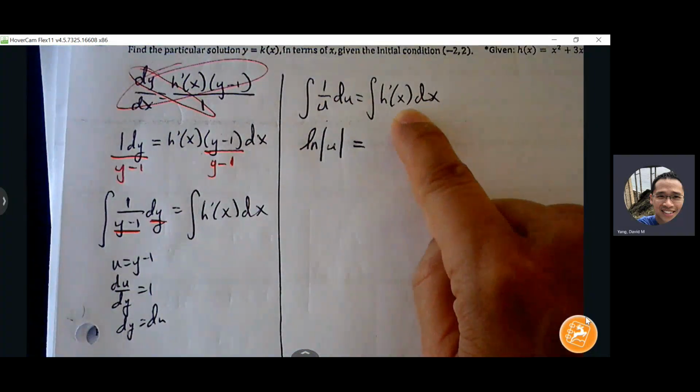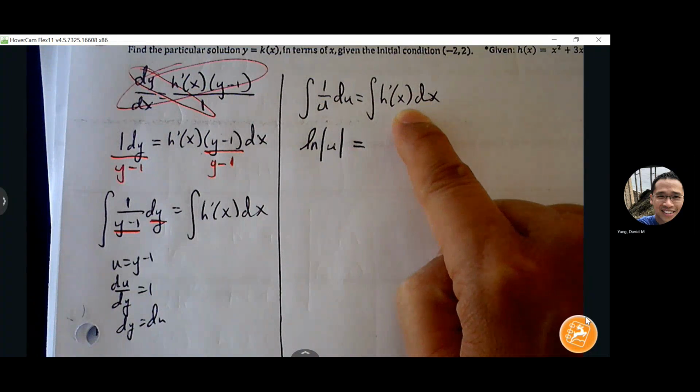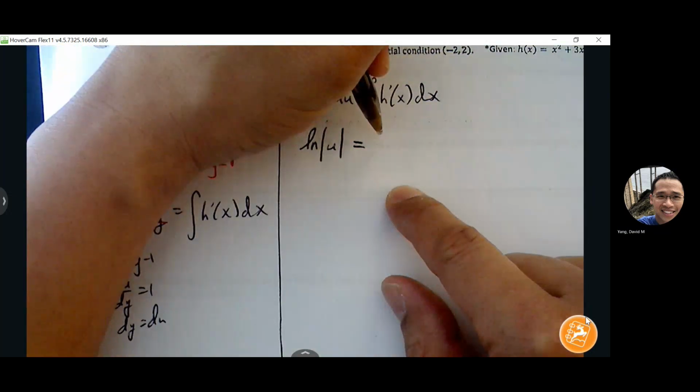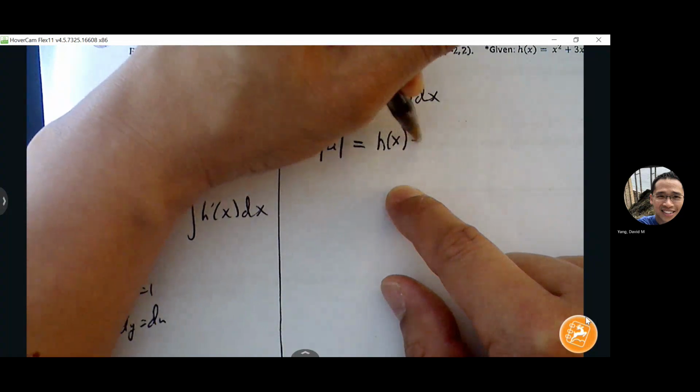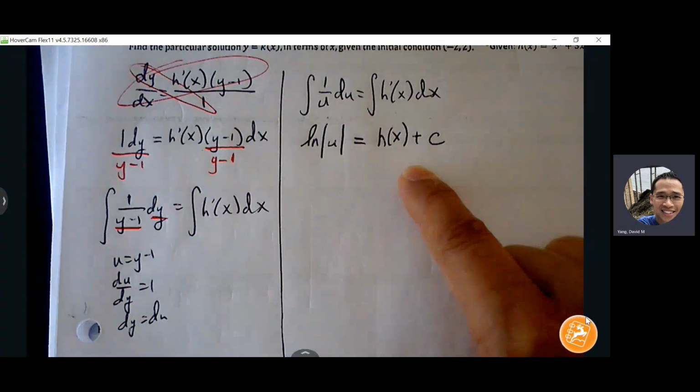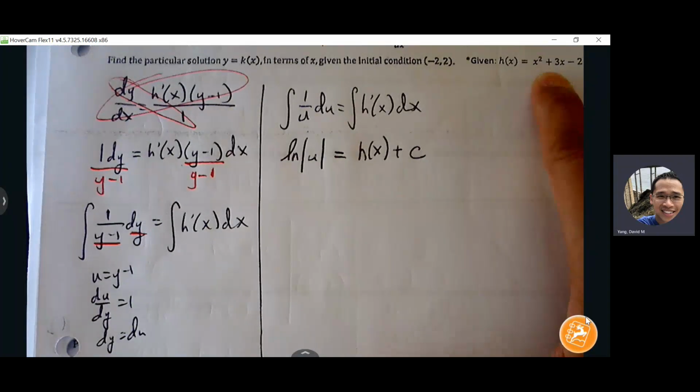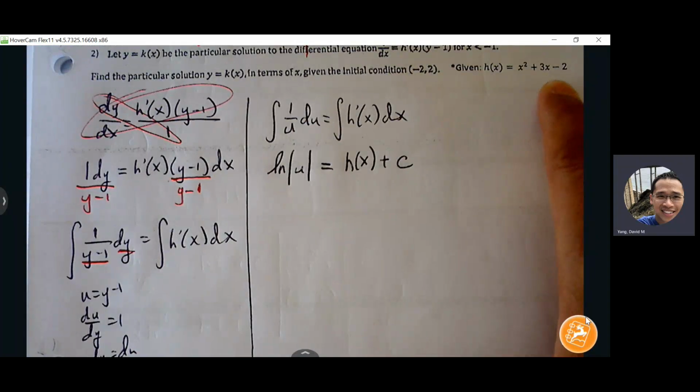Okay, integral of h prime becomes plus c. They tell us what h of x is. We can go ahead and put that piece in.